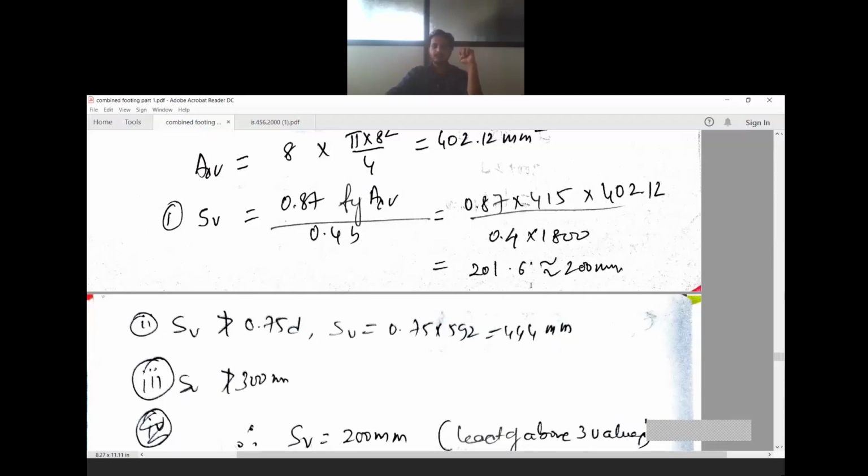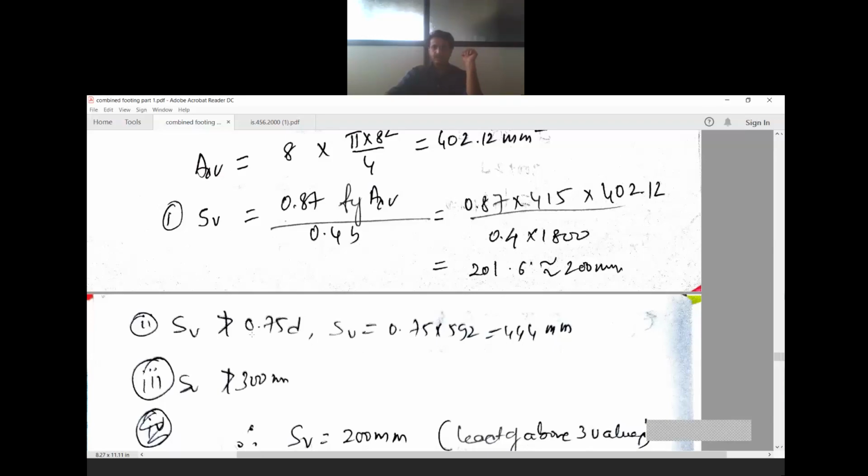In the end we have the spacing as 201.6. We can say that spacing is 200 mm. But we have two other considerations.